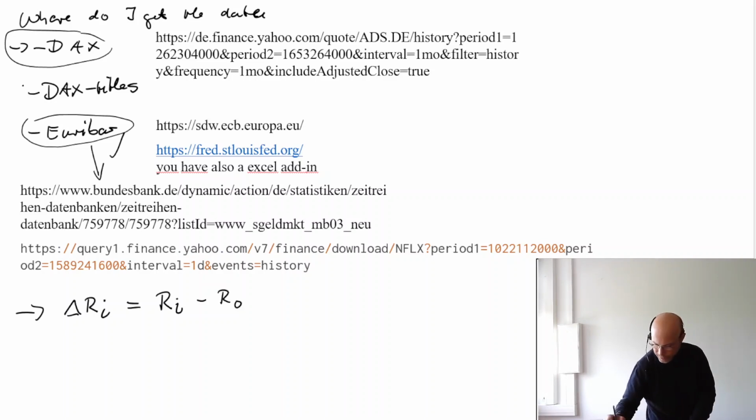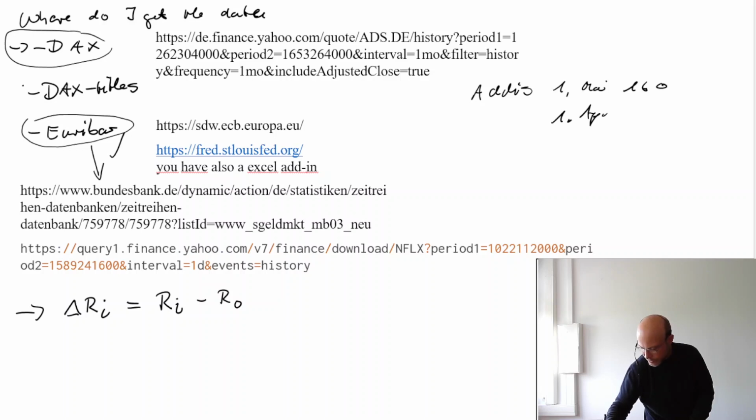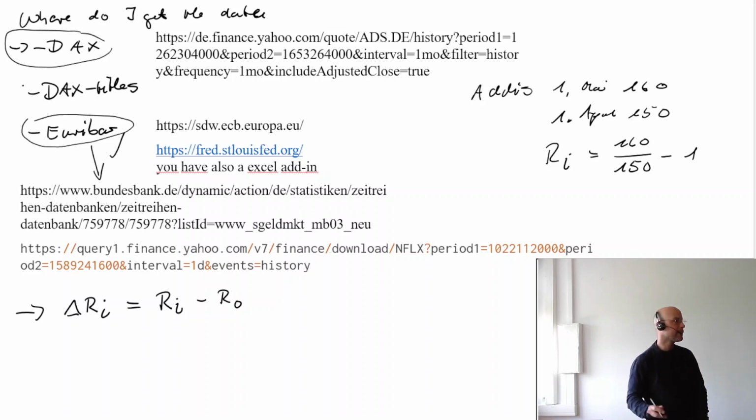So let's take here, for example, for Adidas, I think the 1st May was 160. Let's say the 1st of April was 150. Then RI would be 160 minus 150 minus 1. This is your yield from month to month.